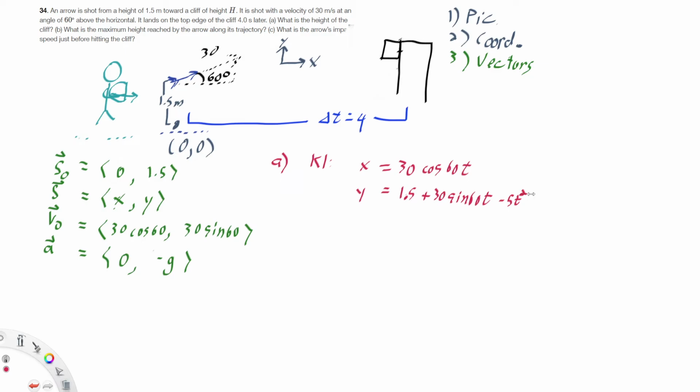So that's a system of equations right there. This is an easy solve, right? Because we have t. So we just plug in t, we get our values.